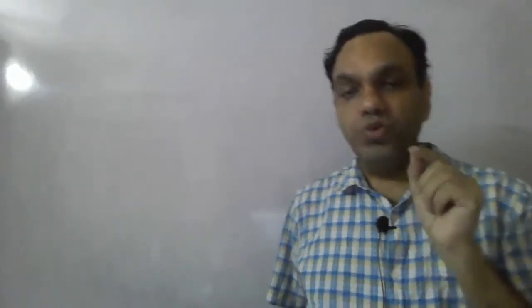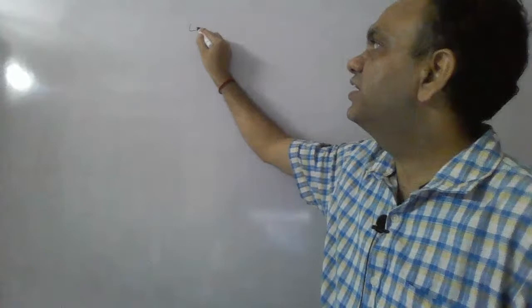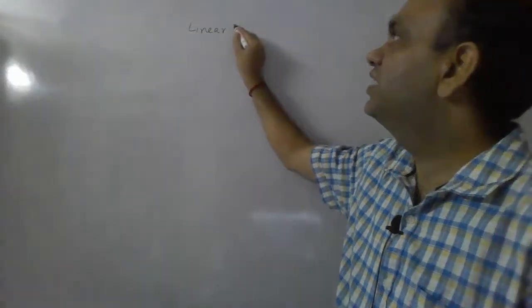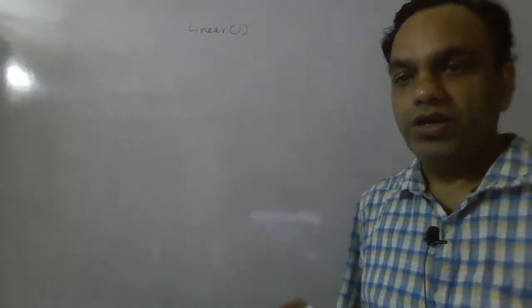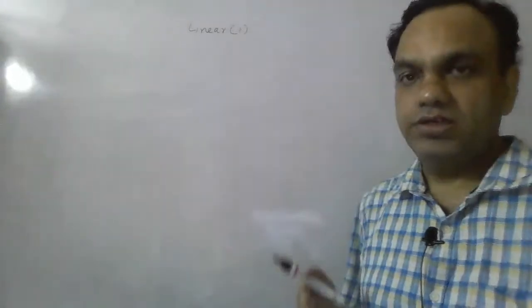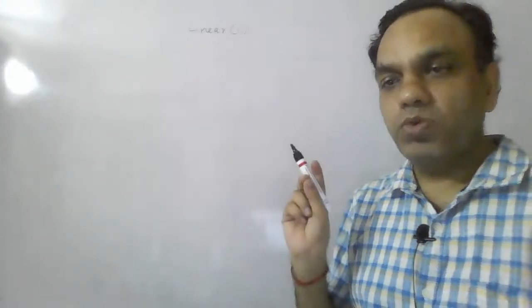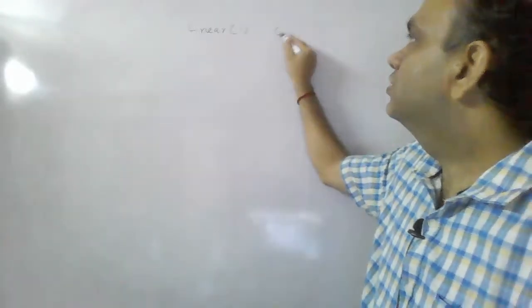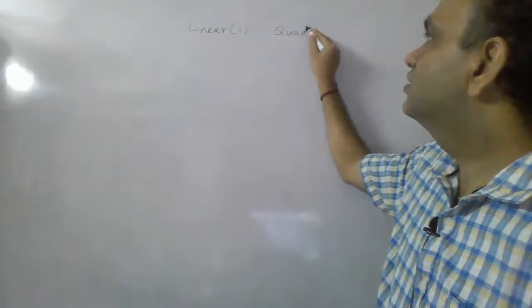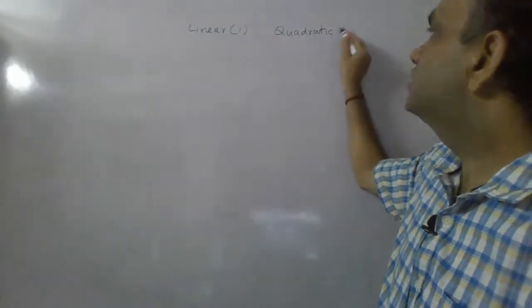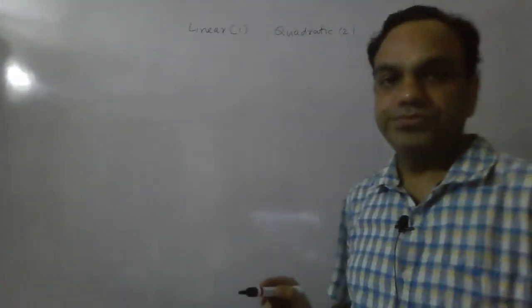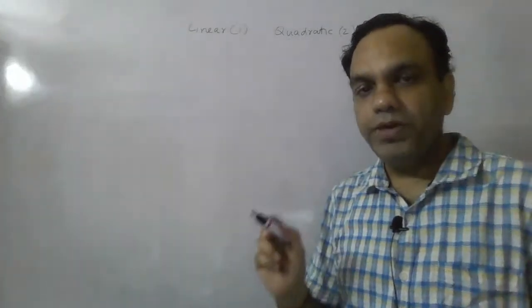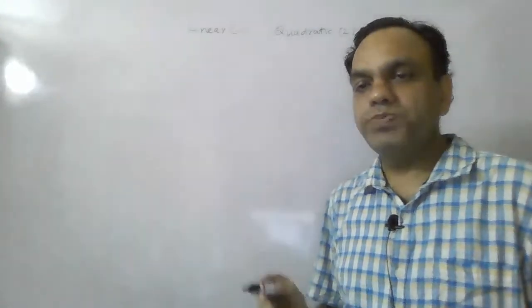A polynomial is known as a linear polynomial if its degree is 1, meaning the largest power is 1. A polynomial is known as quadratic if its largest power is 2. If it is cubic, then its largest power is 3.